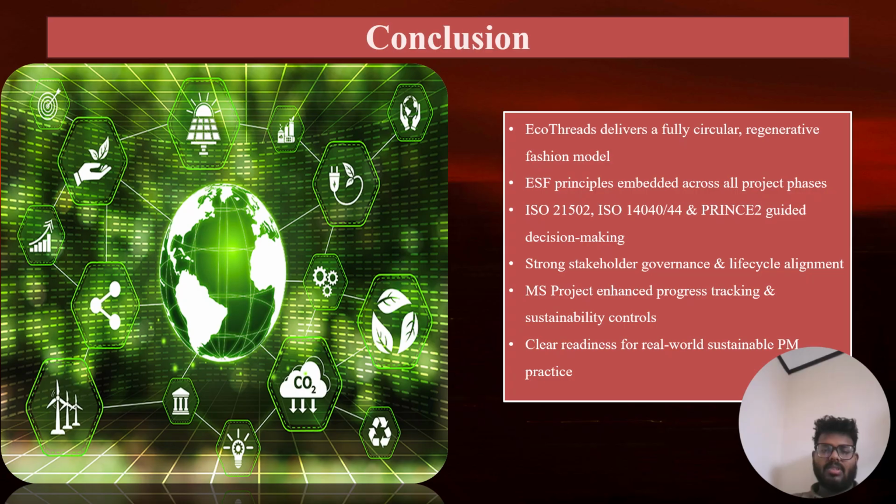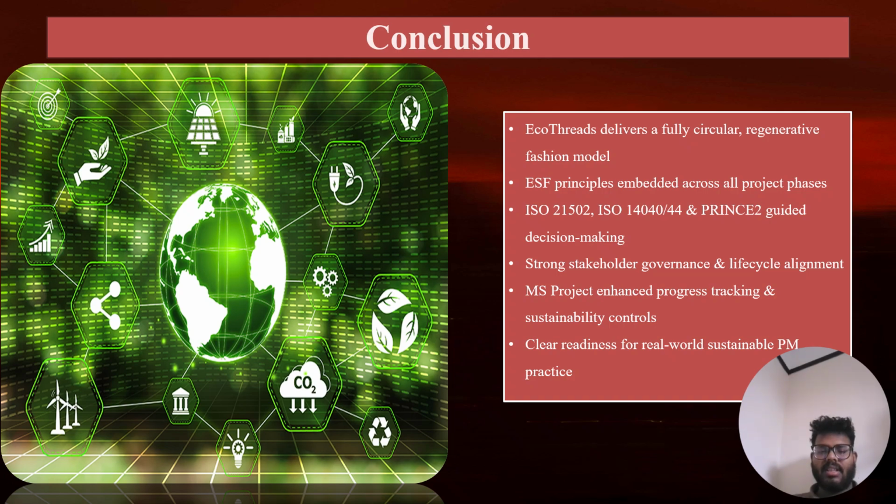In conclusion, the process map demonstrated how EcoThread transformed traditional textile production into a truly circular regenerative system. ESG sustainability principles were integrated across every phase, from initiation, design, and implementation to market and evaluation. ISO frameworks, lifecycle thinking, and stakeholder governance models shape the project structure and improve clarity in decision making.